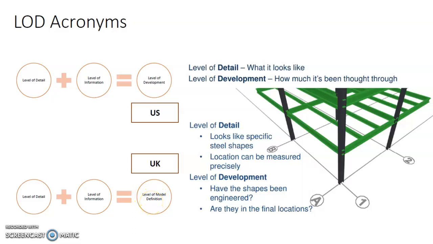So in a sense, sometimes the US consultants call it LOD, but the UK consultants call it LOMD. But they are all talking about the same concept, which is how much information has been put into the model.